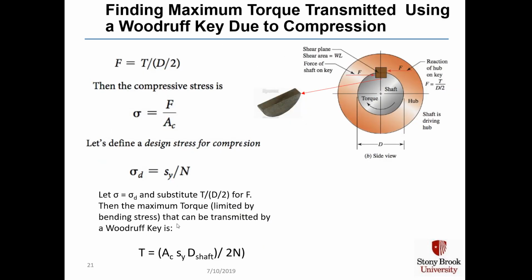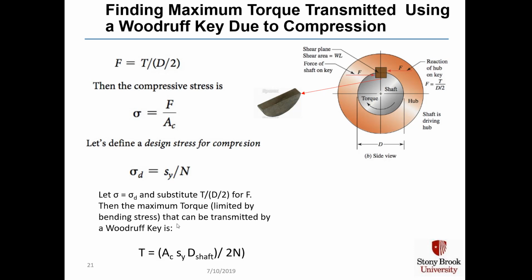Once we have those calculations, we can find the maximum torque transmitted using a Woodruff key due to compression. It's just that we'll have a different amount of torque depending on whether the area we're talking about is the area in the shaft or the area in the hub.